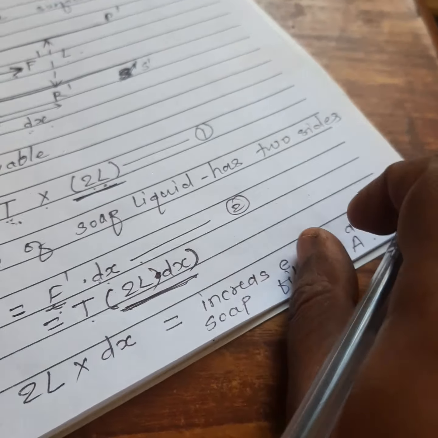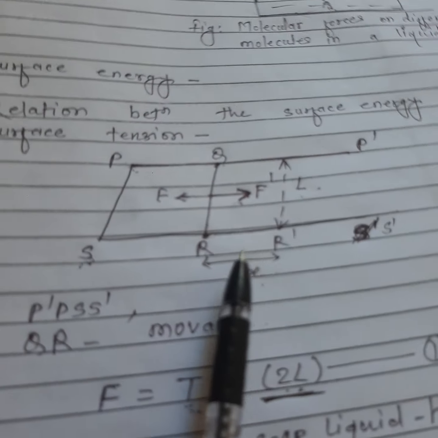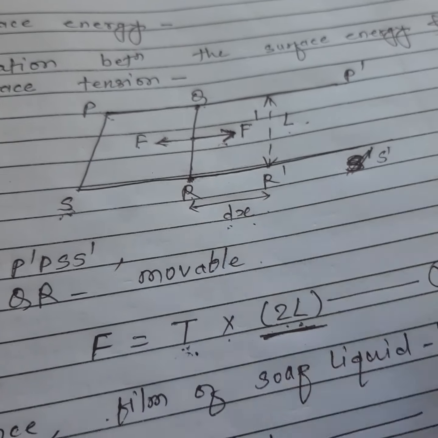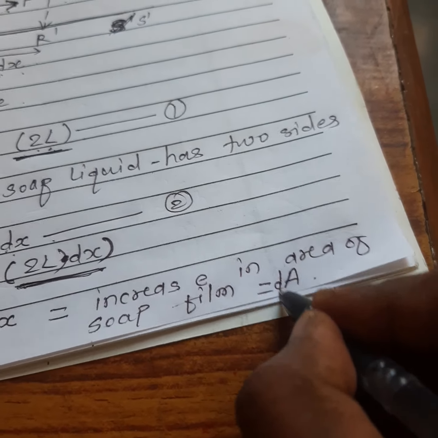So this above equation can be written as dW is equal to T into dA. This displacement is of small amount, so rise in or increase in area is also a small amount.